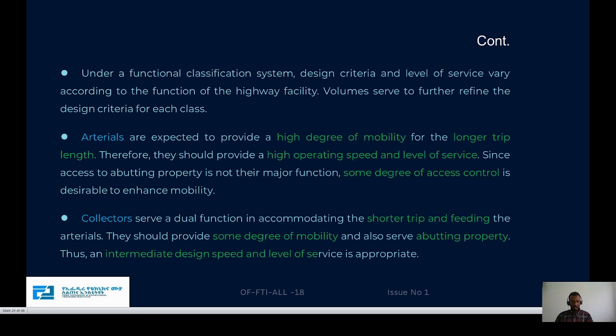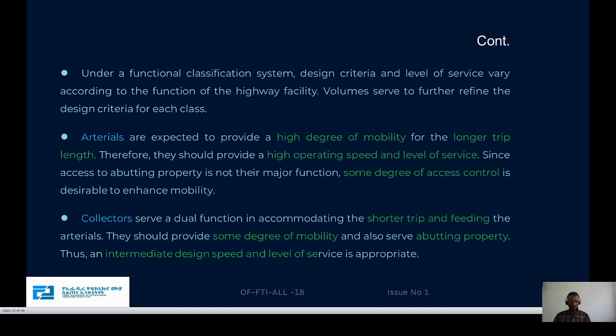For example, arterial roads are expected to provide a high degree of mobility, with a high number of vehicles. They are used for long trip lengths, for international connections from Ethiopia to Kenya, Ethiopia to Djibouti, and also high operating speed. The speed is very high, and the level of service also increases.